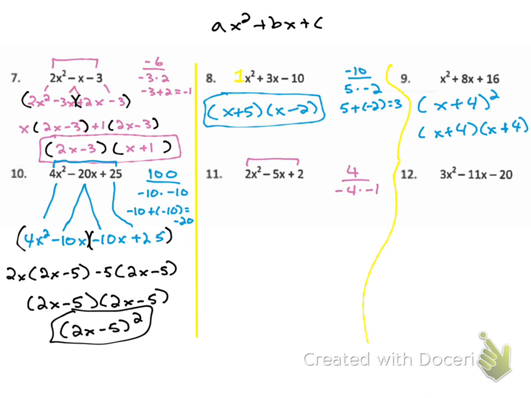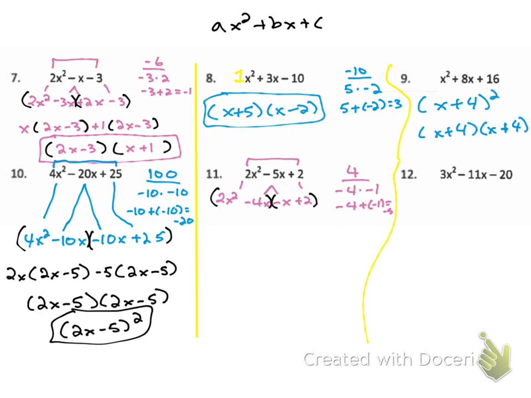Negative 4 times negative 1 is 4. Negative 4 plus negative 1 gives me negative 5. So I'm splitting that middle term. Again, this order doesn't matter. Negative 4x minus x, that could be flipped. I'm bringing down my 2 and my 2x squared.